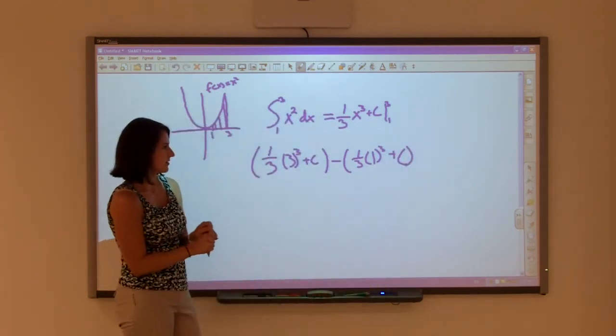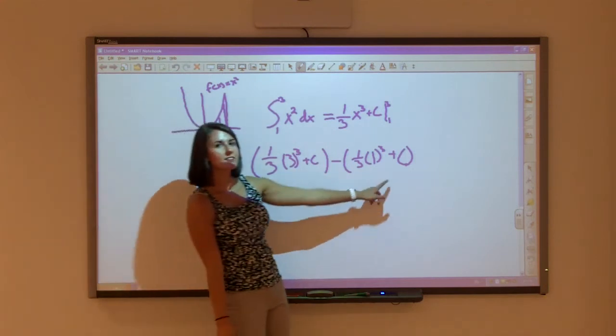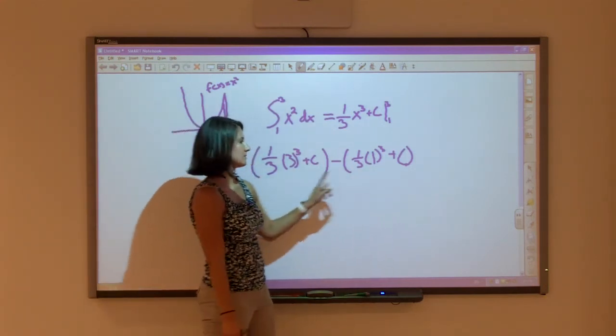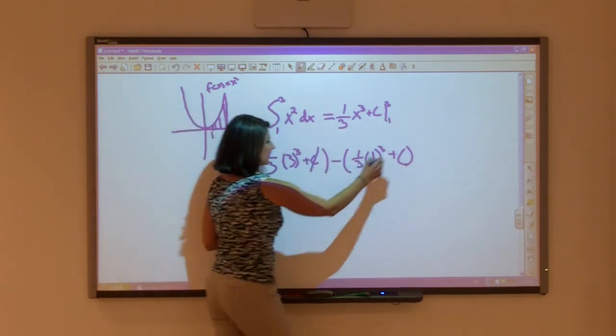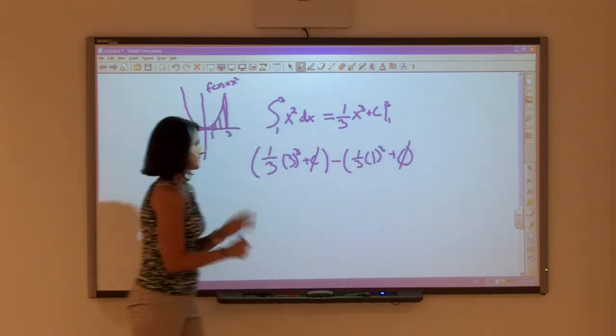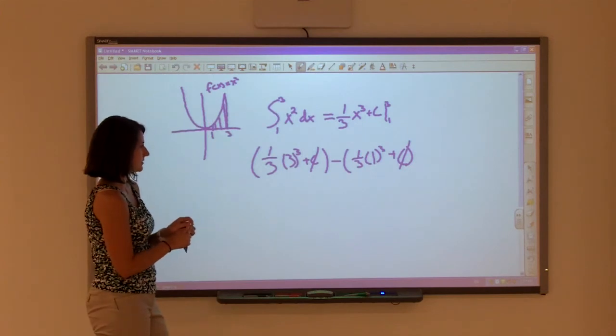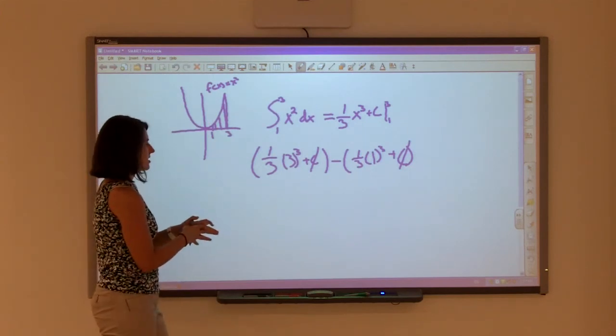Now something we can see right off the bat is that both c's are equal, and since you're subtracting, they're going to cancel out. So we can go ahead and do that before anything. Now let's go on and simplify our equation here.